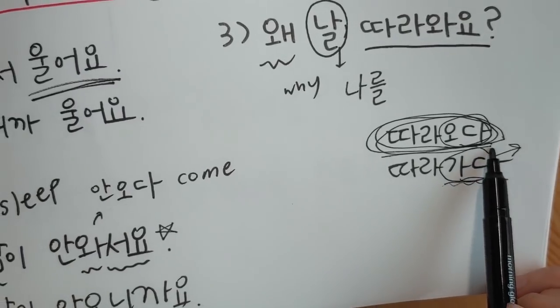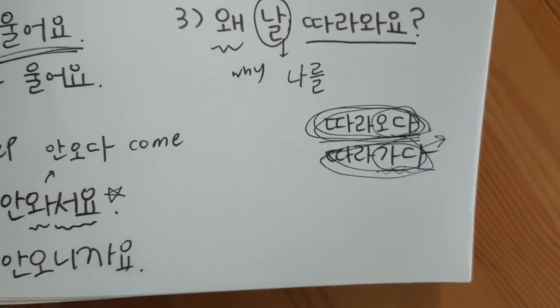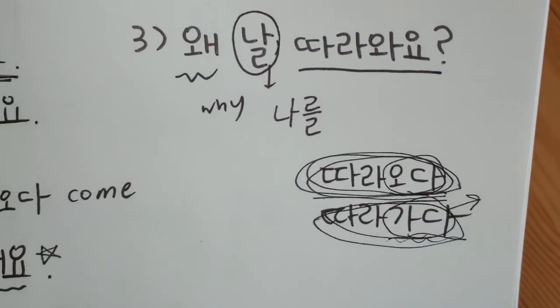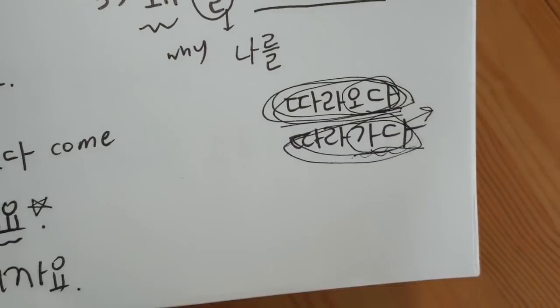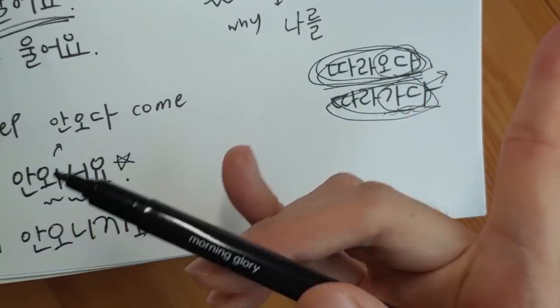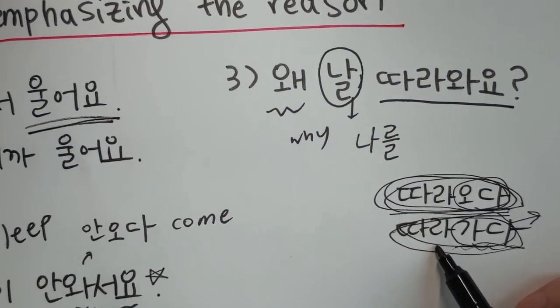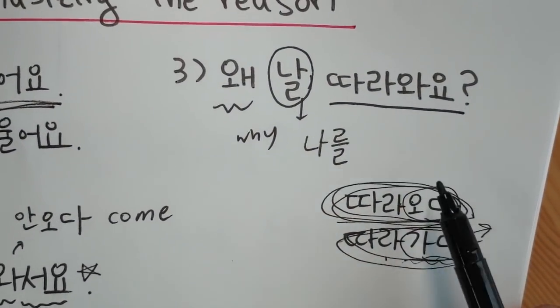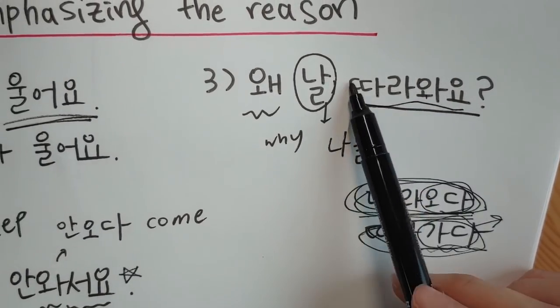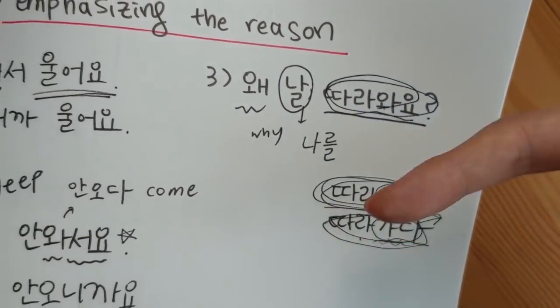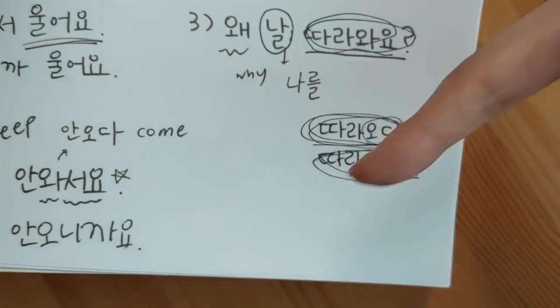And when you say a person is following the other person, in your shoes, that person is following and going to the other person, right? So both mean follow, but when you want to say someone follows me, you can say 따라오다, because that person who's following you is coming towards you.